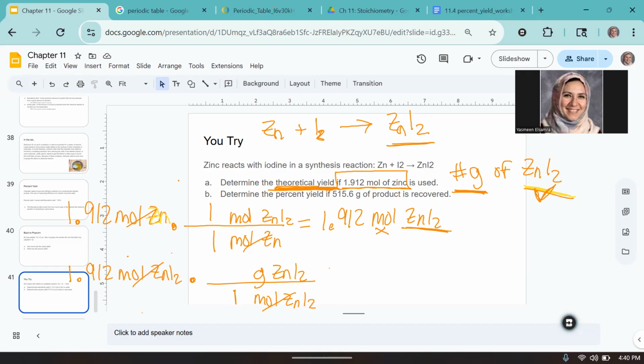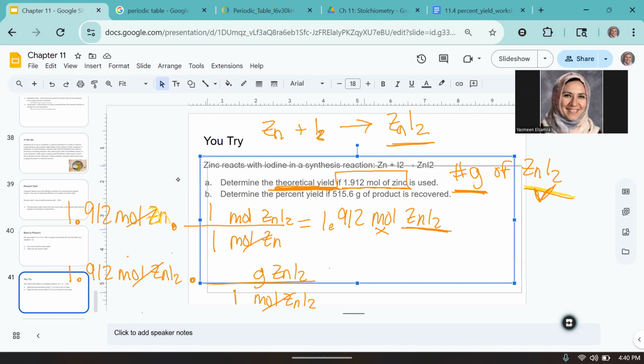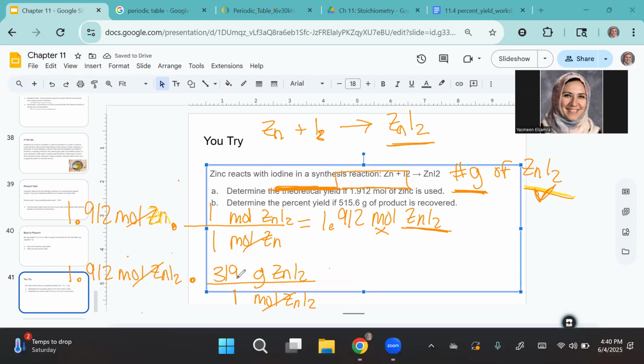I get a total of 319.3. Beautiful. Now I multiply these numbers times 1.912 and I get 610.5 grams of zinc iodide.